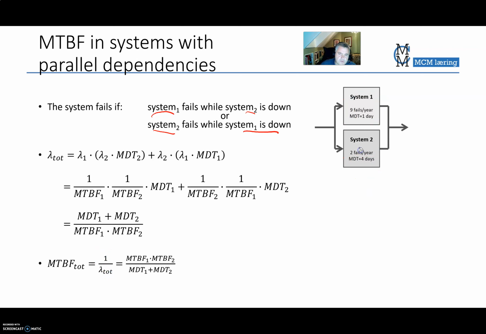Now, usually this calculation is much easier because you have similar systems with similar failure rates and similar downtimes. For example, in a plane with 2 engines, you would have similar failure rates and similar downtimes for the 2. If that is the case, then you would have 2 MDT over MTBF squared. So it's a bit easier to calculate that.